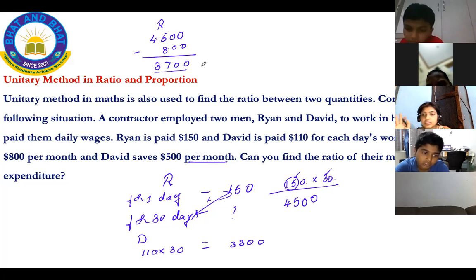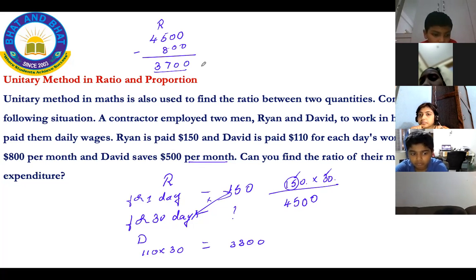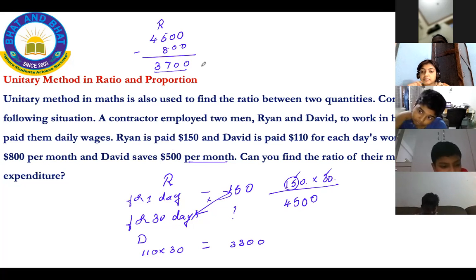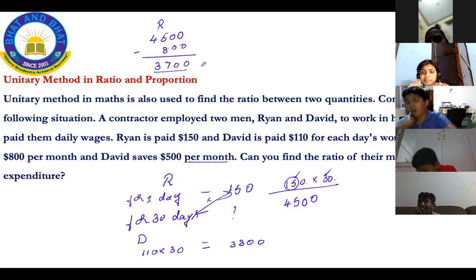Shamant, what is it? Ma'am, what is the meaning of expenditure? Expenditure means spending. Ma'am, how will we find that this is a division unitary method only?